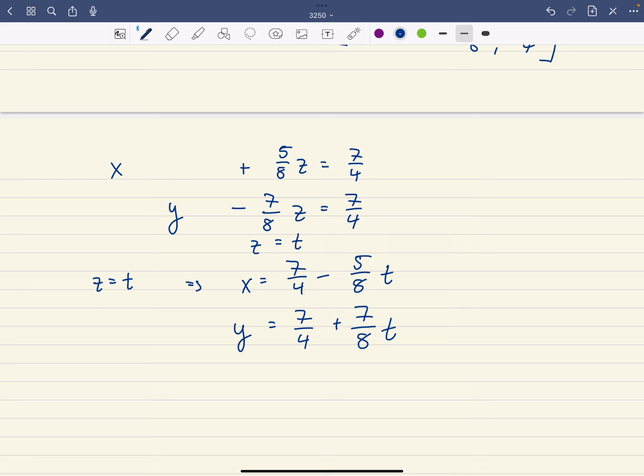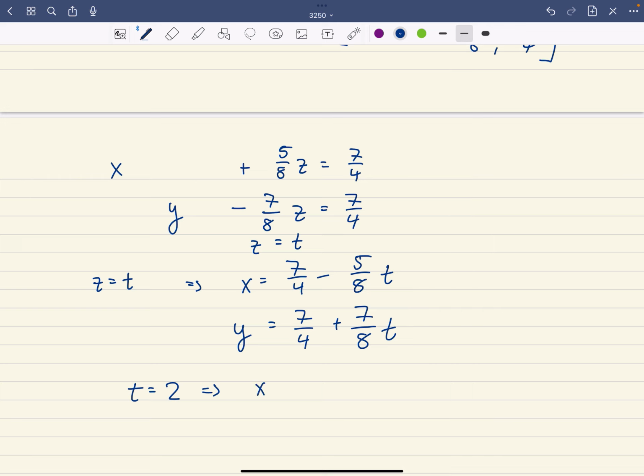So let's think about what we could do. If t is equal to 2, I'm just trying to find values where x and y will be integers. So if z or t is equal to 2, let's think about what that means.